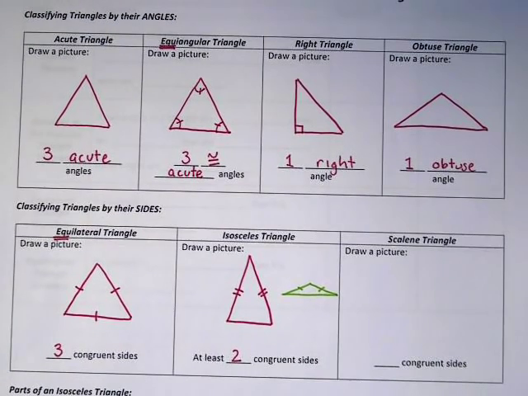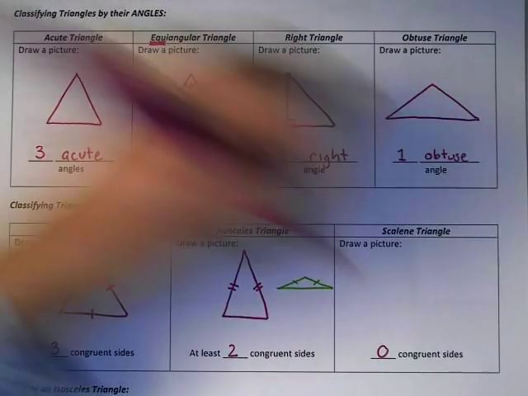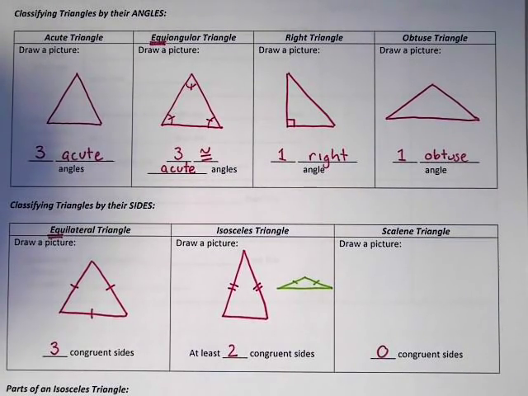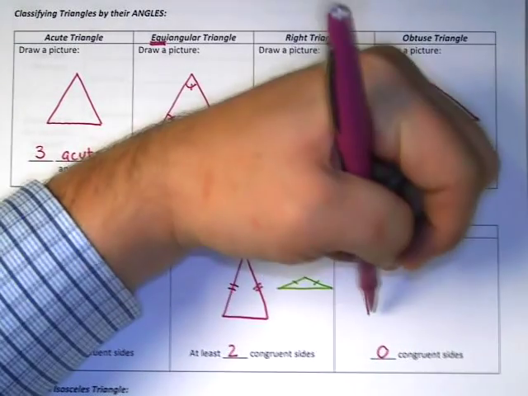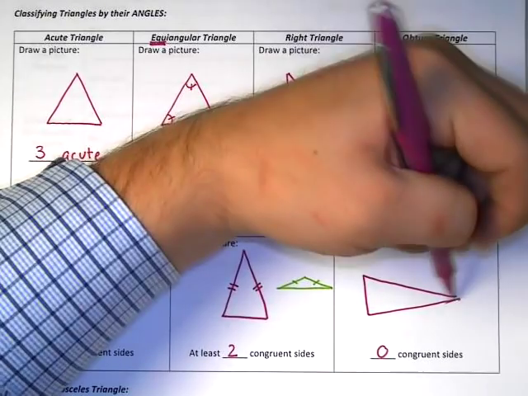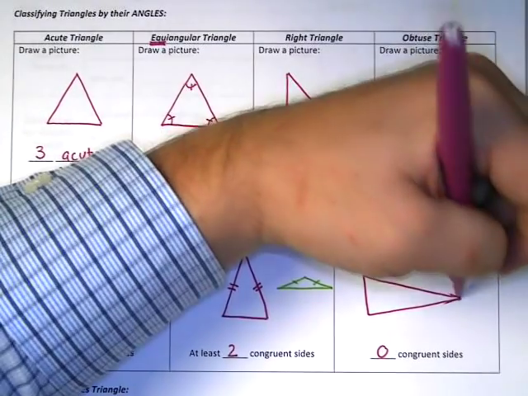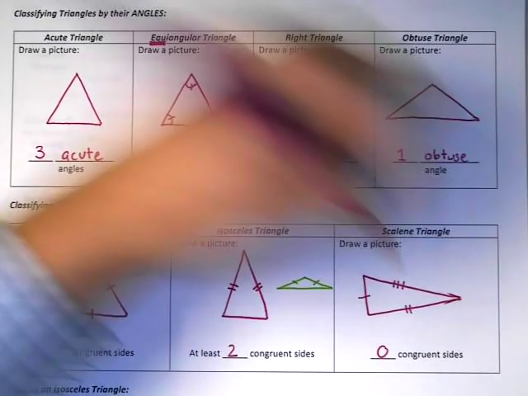Alright, last one, scalene. I'll give you this first: 0 congruent sides. And so I'm really looking for something like this. Boom, boom, boom. And the important thing to know is that each side must be different.